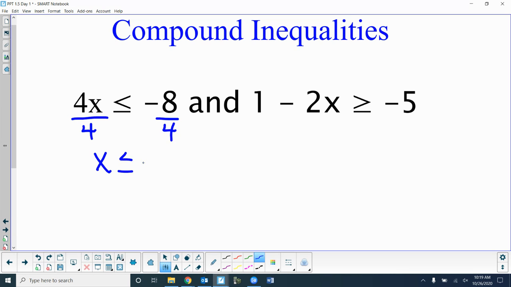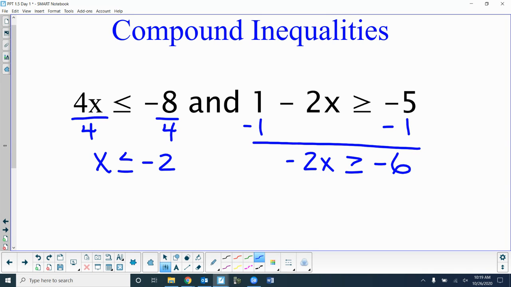We get x is less or equal to -2. And then we'll subtract the 1. And divide by -2. So we divide by -2. We got to flip it. Okay, so there's my 2 answers. So I'm supposed to graph that solution.